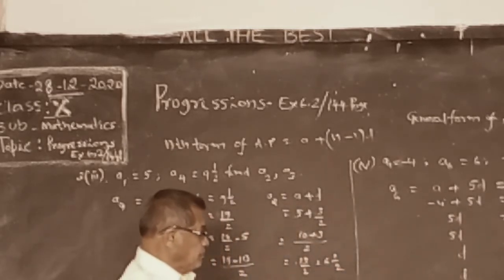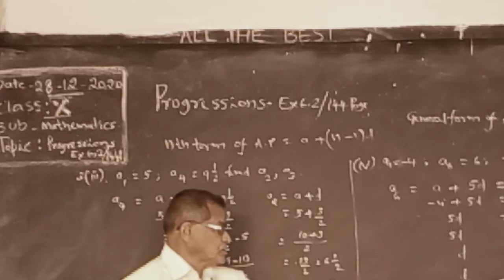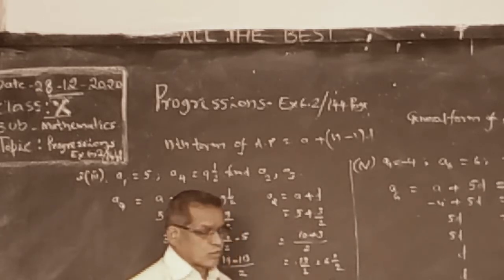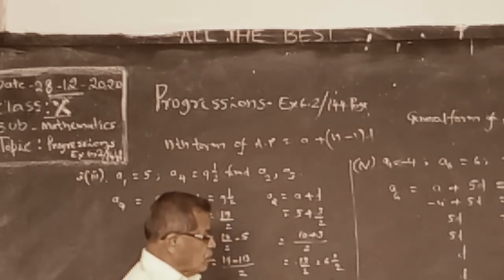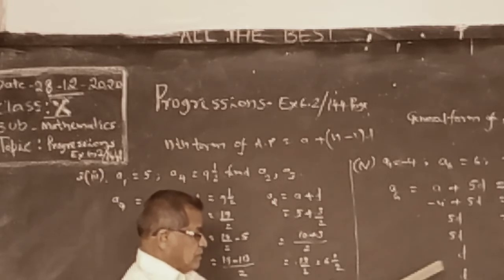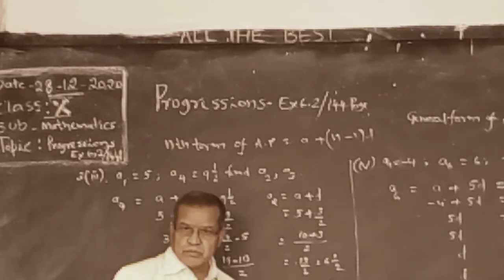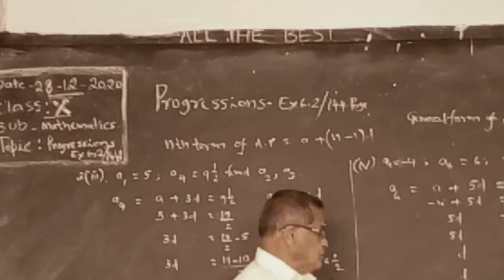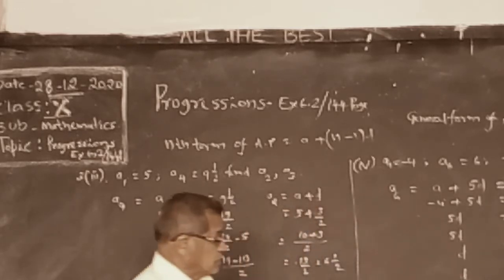Therefore, the terms are second term -2, third term 0, fourth term 2, fifth term 4. We can go on adding: -2 plus 2, 0. Third term is 0. Right.